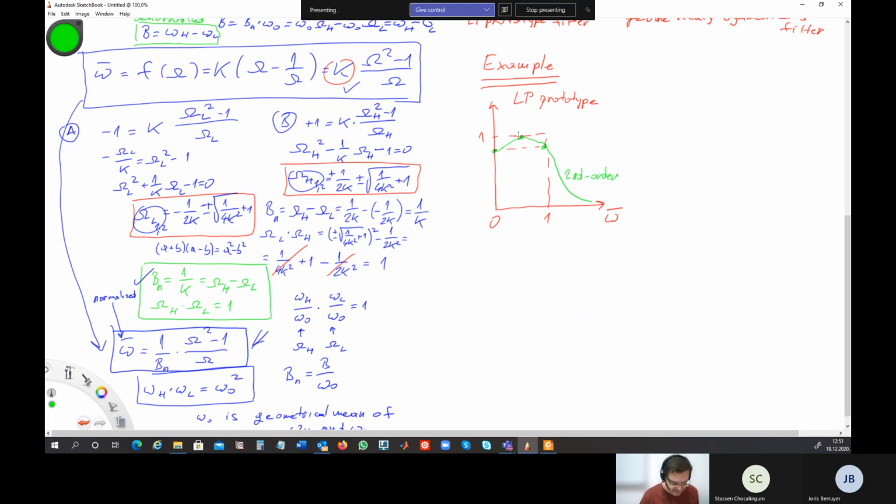How does it work? It works like this. This is normalized. This is omega. This is not normalized, but it doesn't matter now. This is omega 0, the central frequency.